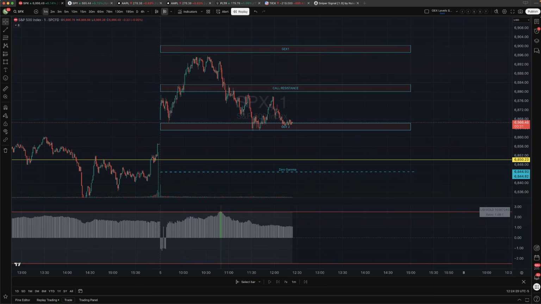So we're taking a lotto style trade, but we're doing it based on some pretty concrete information, information that market makers are having to look at and make choices and hedge based on, not just what other retail investors might be doing. The market makers are the ones that really are going to force that price one way or the other because they need to.